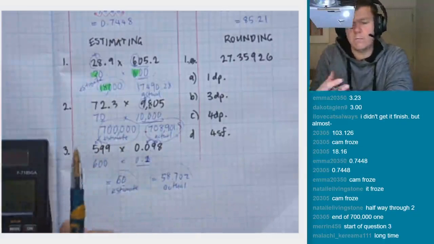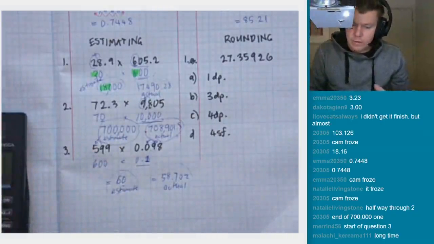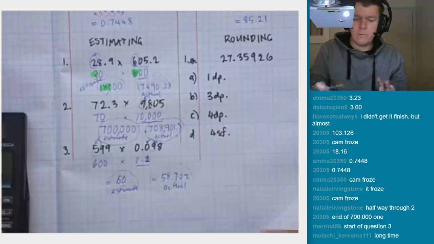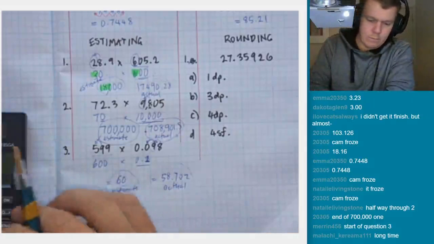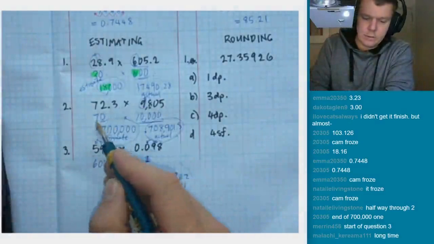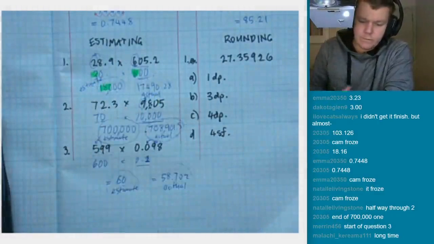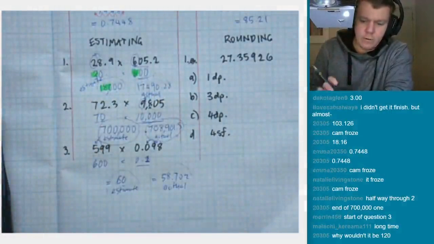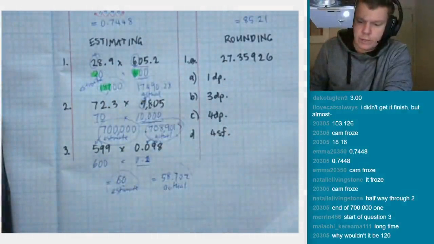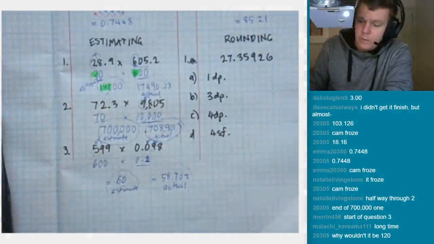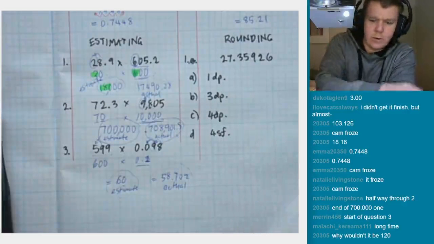And that's the whole point of estimating. You can get fairly close to your answer by rounding things off and just using basic times tables, your knowledge of your regular times tables and then tacking zeros onto the end of your answer. Pretty simple, really. Alright, but actually used a lot in real life estimating.